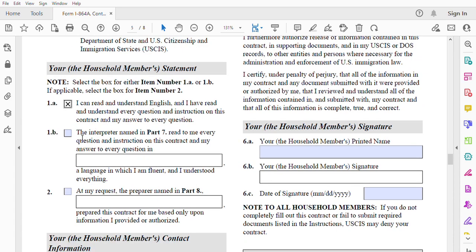If you use interpreters in part 7, you're gonna put the language you used over here. Or number 2, if you use a preparer in part 8, you're gonna put the name over here.